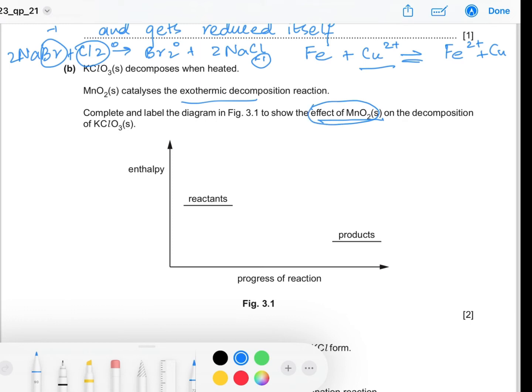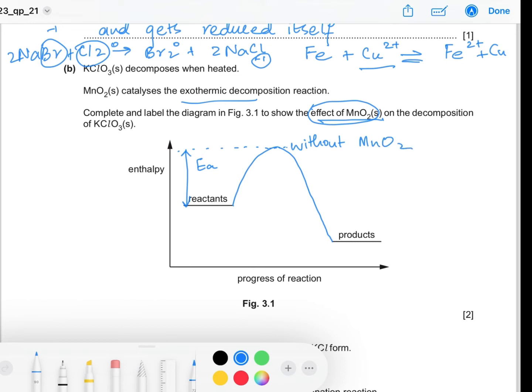Let's start by drawing the sketch of the profile without the catalyst. Okay, so the difference in energy from the reactants up until this point over here is the activation energy without the catalyst.